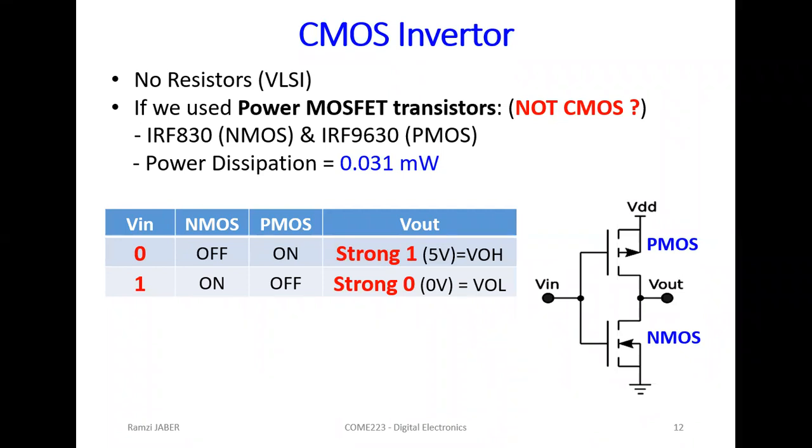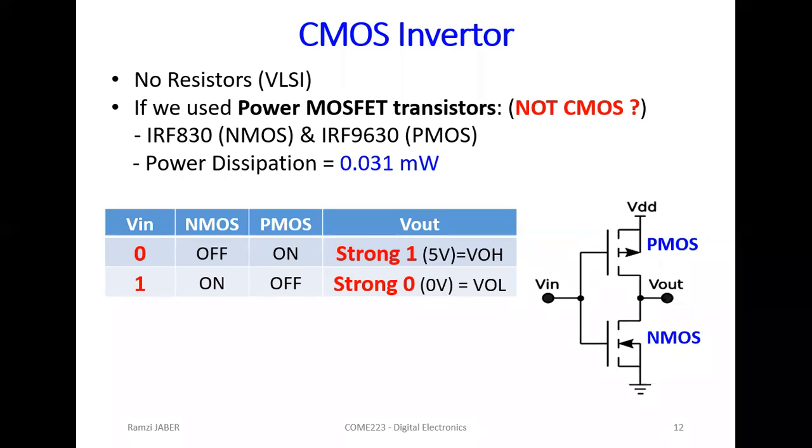VLSI, very large scale integrated, means very small circuits. What is the difference if we compare the size of a resistor and the size of a transistor?